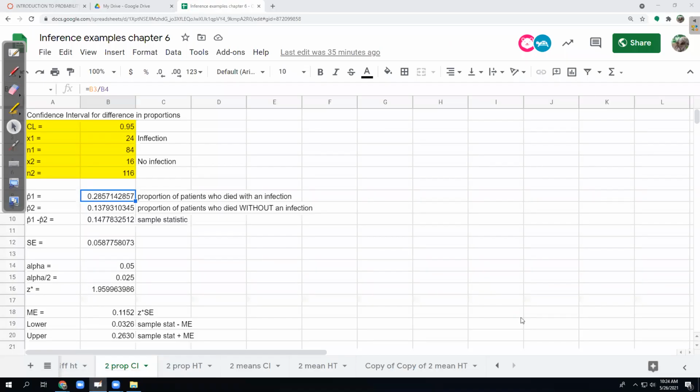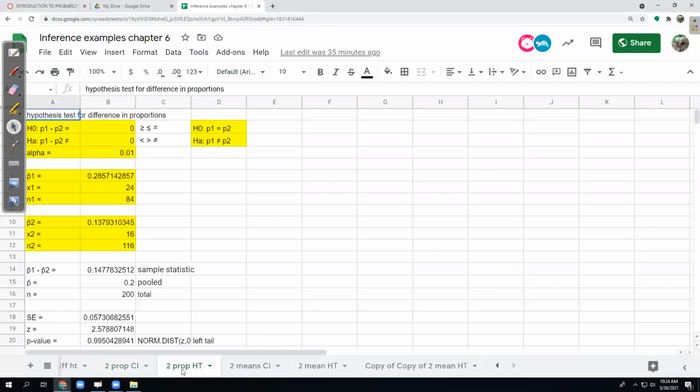All right, so let's see. We're doing now a two proportion hypothesis test. So if you're at that spreadsheet I shared earlier, scrolling way over to the right, it's one of the tabs near the end. And is this the right one? Okay, it is, yeah. So I set it up a little bit different than the confidence interval one. Usually with a hypothesis test, I like to state my hypotheses up front.